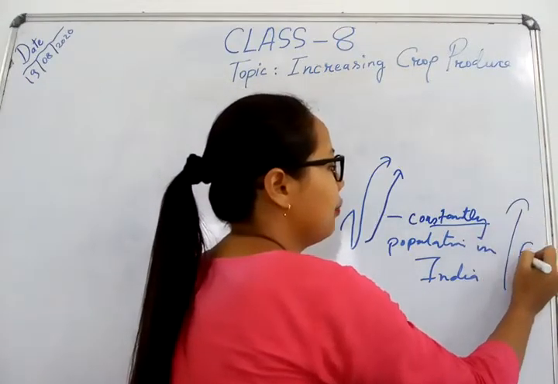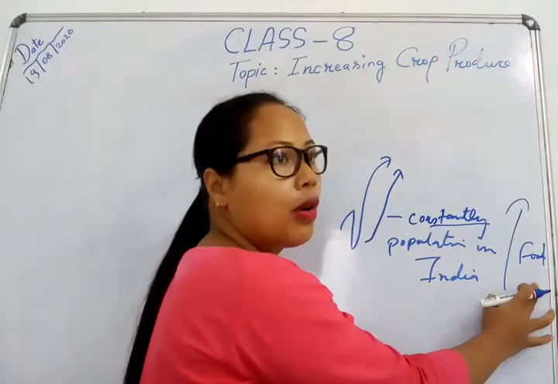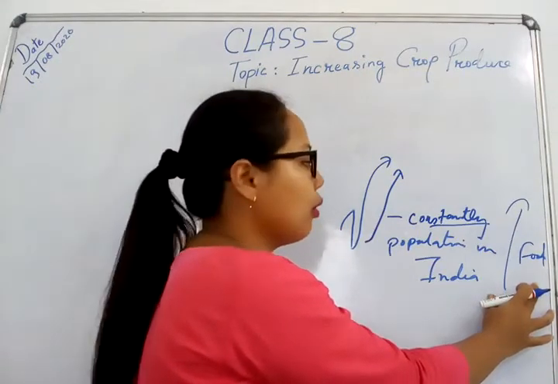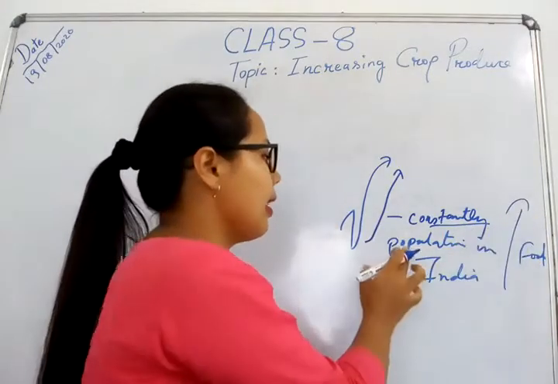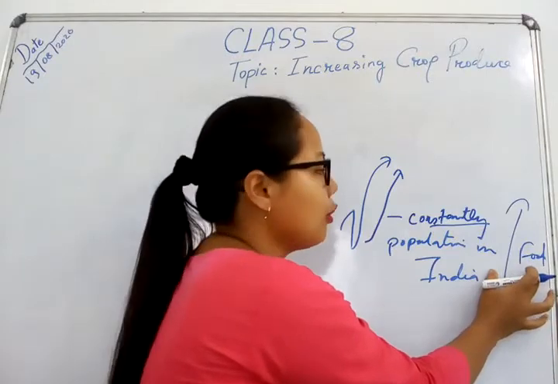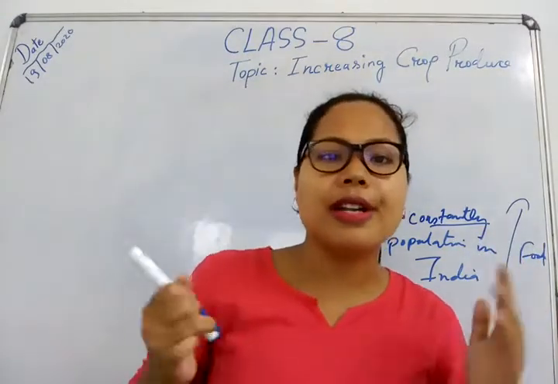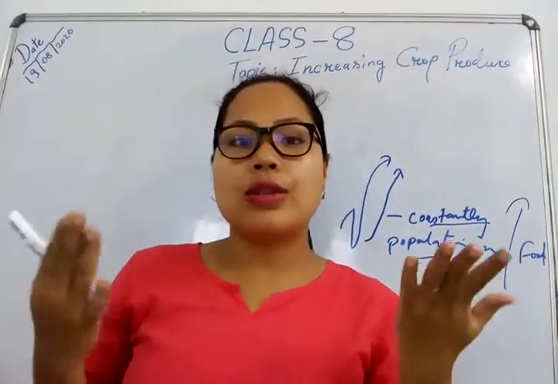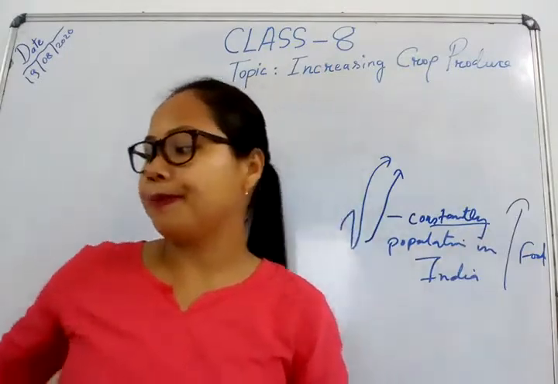The food which is required, the need for all the people of India and all over the world, is also increasing constantly. As the people grow constantly, the requirement of food is also growing constantly. That's why it is very necessary for us to study this topic, increasing crop production. Okay?